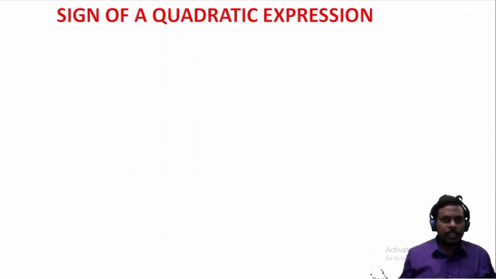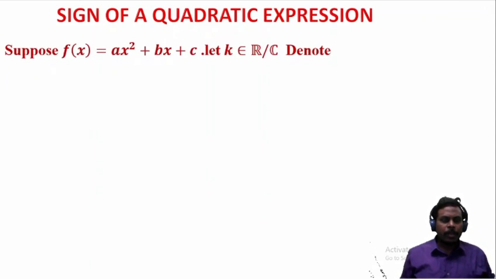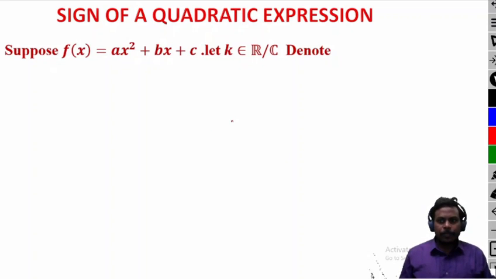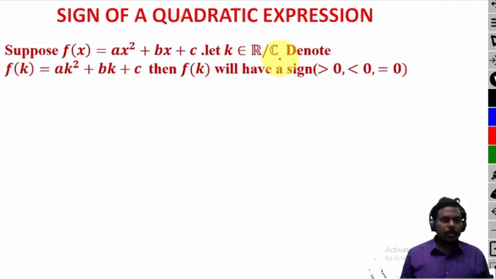Okay. The next concept is sign of a quadratic expression. Let us suppose that f of x is equal to ax square plus bx plus c. Let k be a real or a complex number. Let me denote f of k as ak square plus bk plus c.